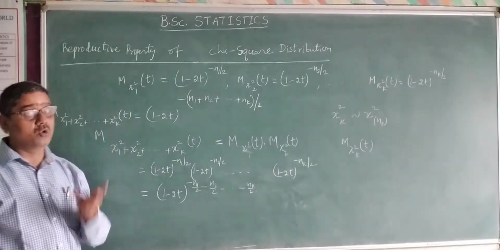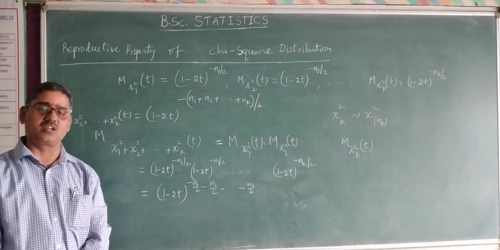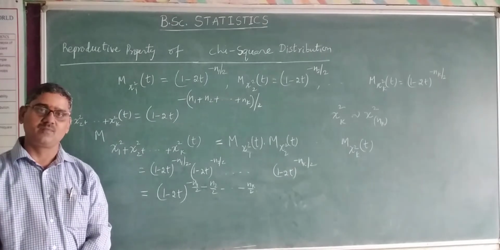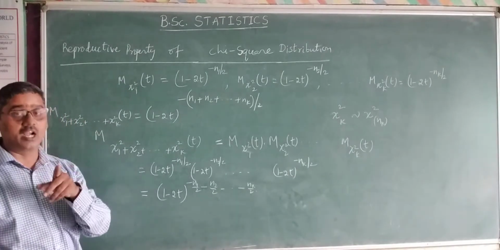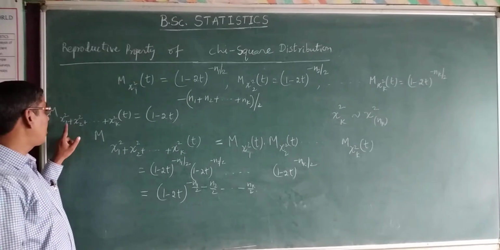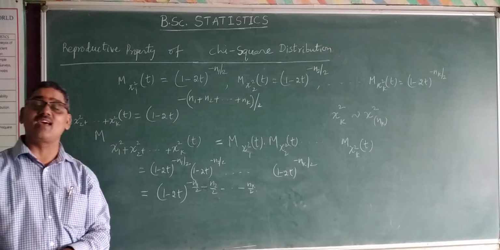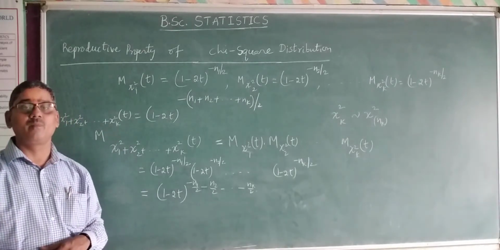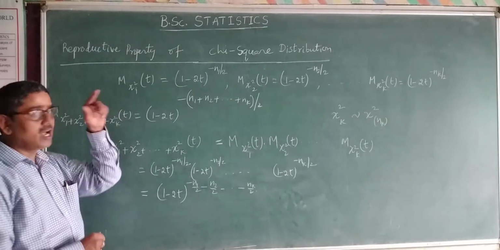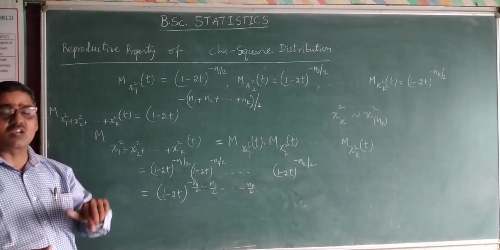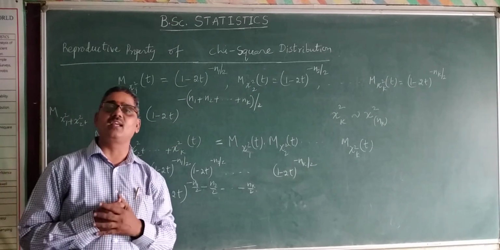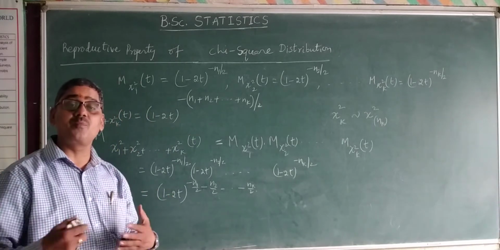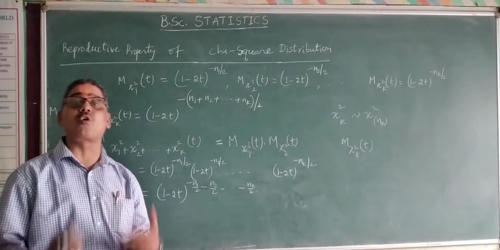Therefore, by the uniqueness theorem of moment generating function, the distribution of chi-square 1 plus chi-square 2 plus and so on plus chi-square k also follows a chi-square distribution with degrees of freedom n1 plus n2 plus and so on plus nk. So chi-square distribution satisfies the reproductive property.